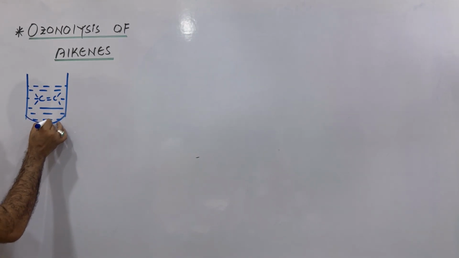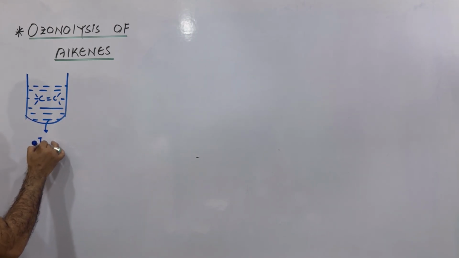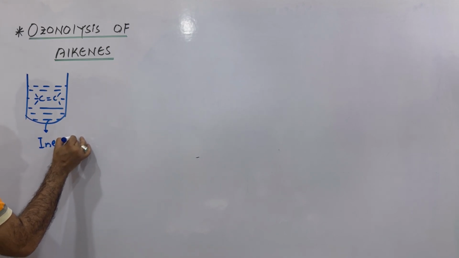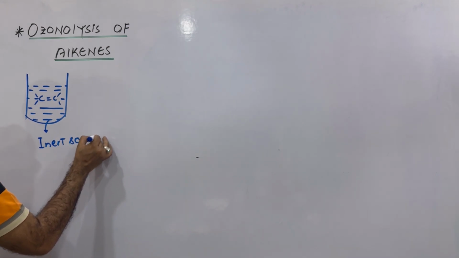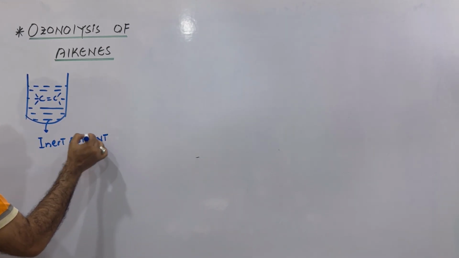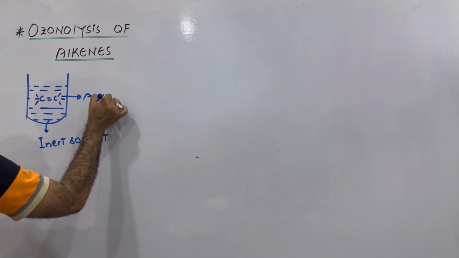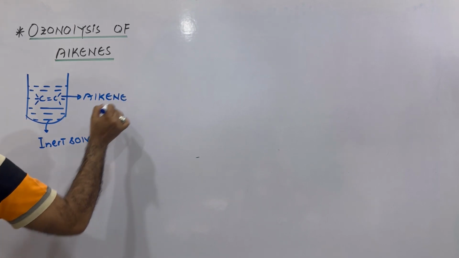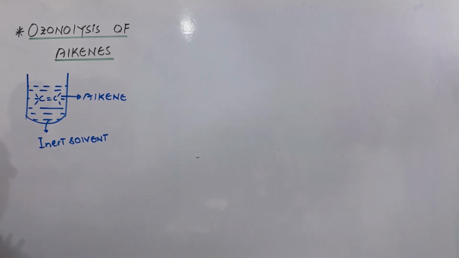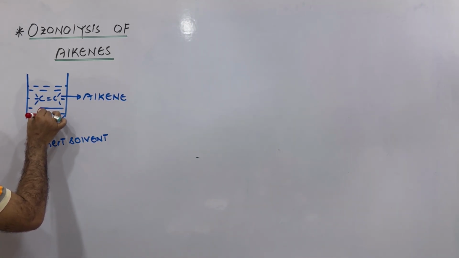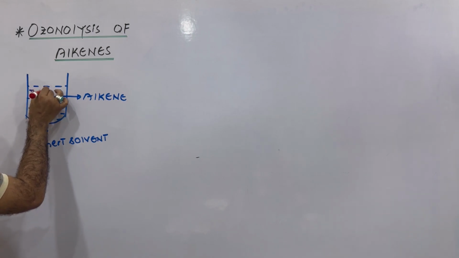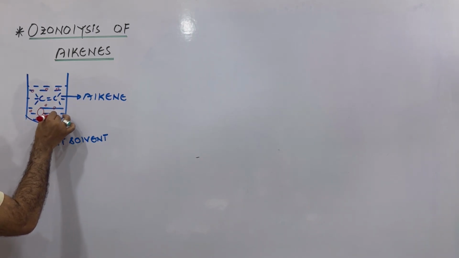This one is the inert solvent in which this alkene is present, and then ozone is bubbled through this mixture.